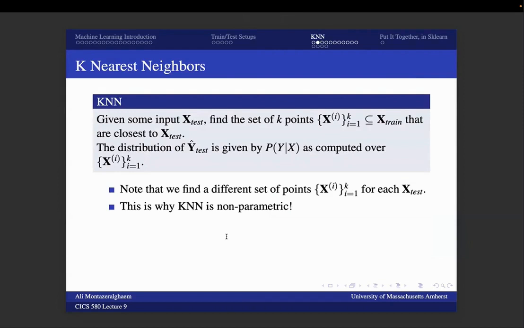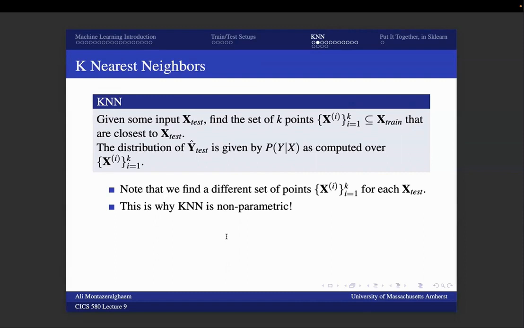The question is, why do we think that k-nearest neighbor is non-parametric? The reason is that for each data point, we find a different set of data points as neighbors, right? This means that the model actually doesn't have any parameter.